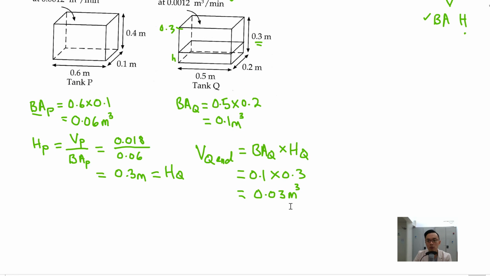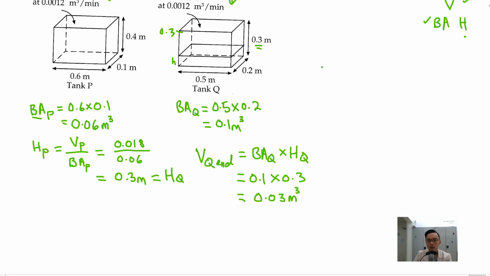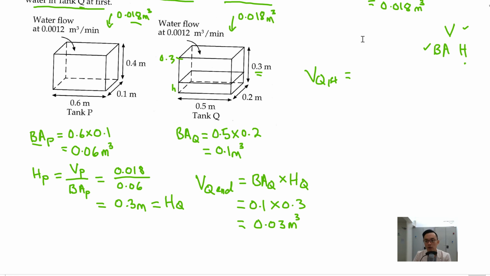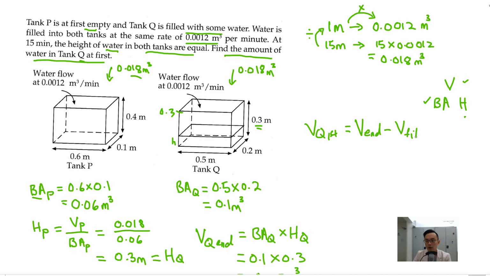So volume for Q at first is equals to volume at the end minus volume filled. Alright, so volume of Q at first is volume at the end minus away the volume that I filled in.